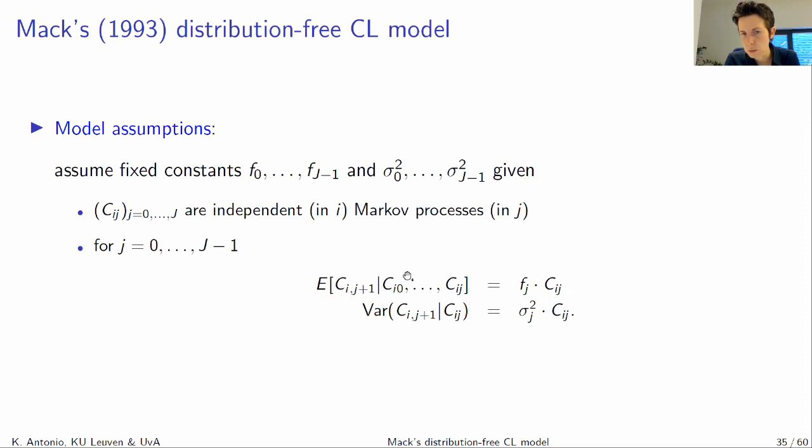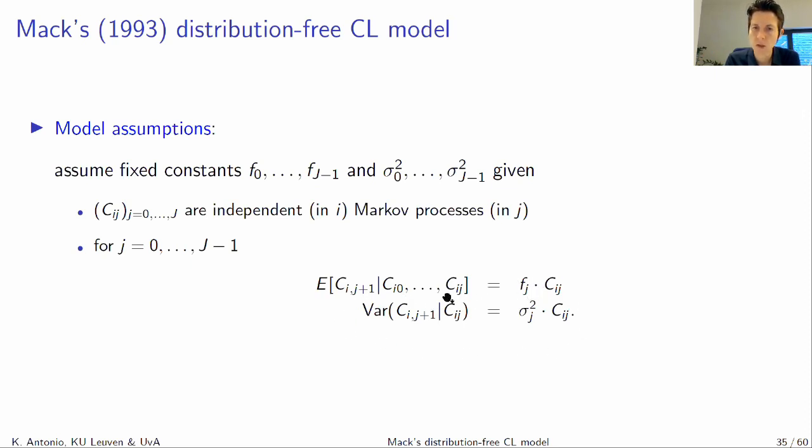So the only thing I need to know to say something about the future is the most recent Cij value that I observed. And the link between Cij plus 1 and Cij on average is formed by this development factor Fj.